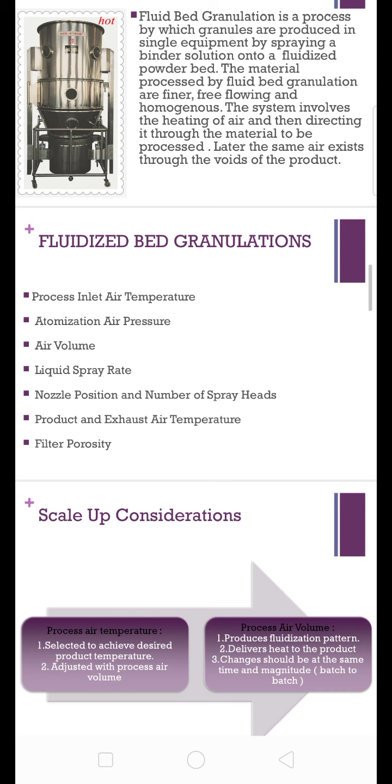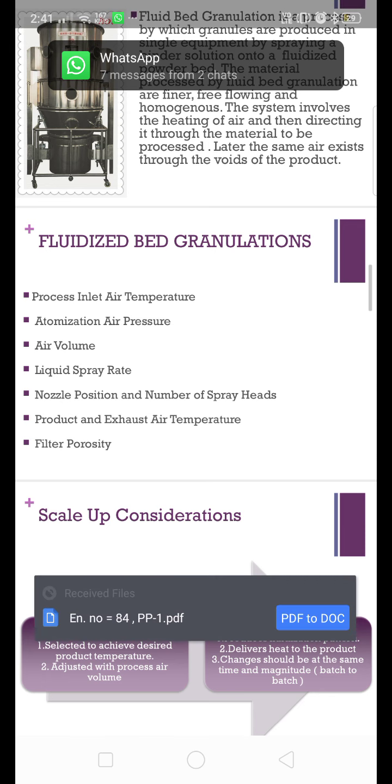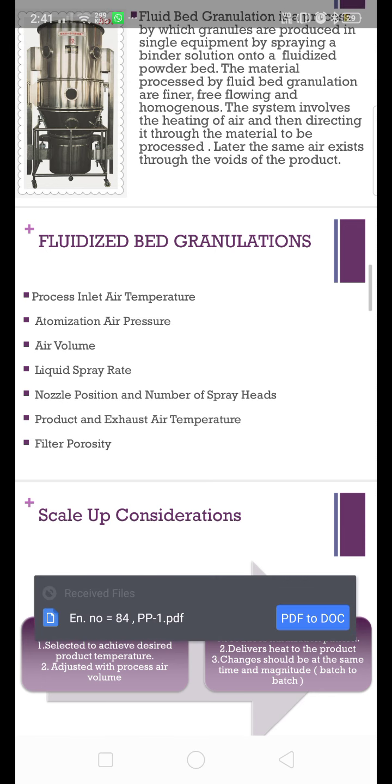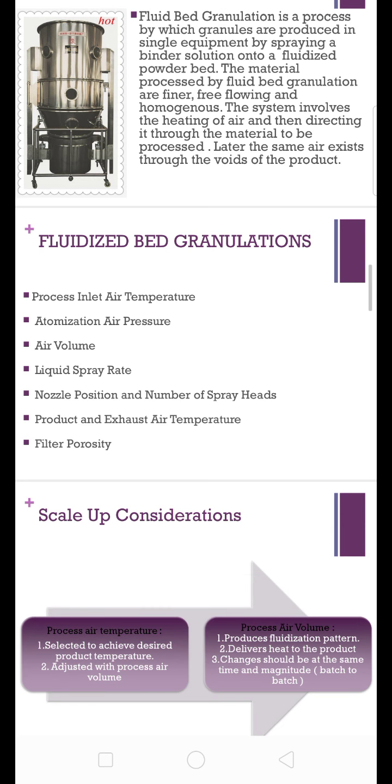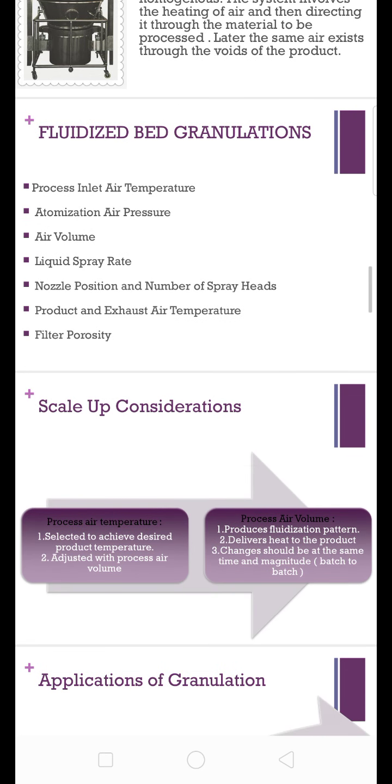Then atomization air pressure, meaning the pressure at which your air is entering, right? So it will be helpful for fluidization. If the pressure is less, then it will not be able to fluidize, right? Air volume, and the spray rate of the liquid is very critical, otherwise it leads to agglomeration, but it's not easy, right?